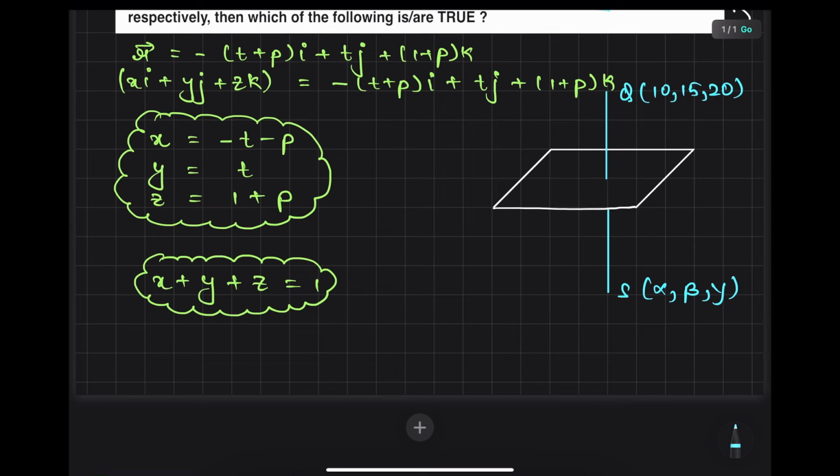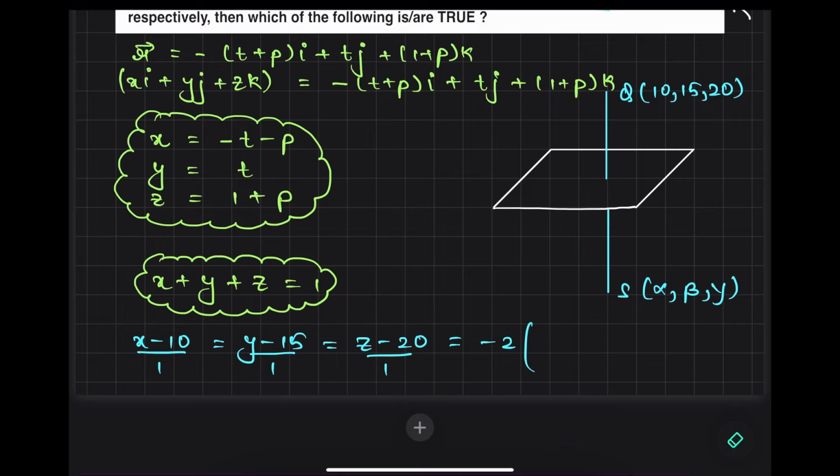by applying a certain formula. (x minus x1) which is 10 by a1, coefficient of x, (y minus y1) which is 15 by a2, coefficient of y, (z minus z1) which is 20 by coefficient of z, equals minus, if it is image, 2 times, if it is foot of perpendicular, minus 1. So it is image, that's why we are doing 2 times.